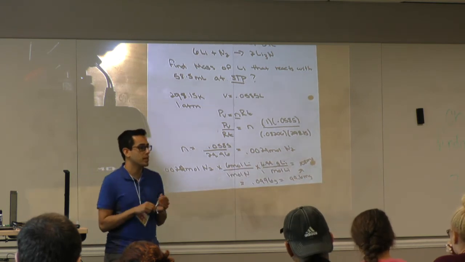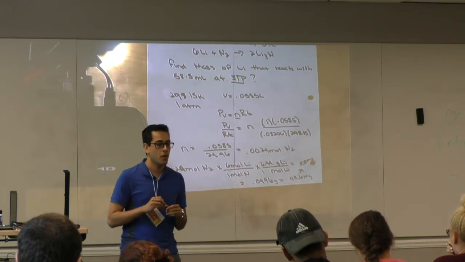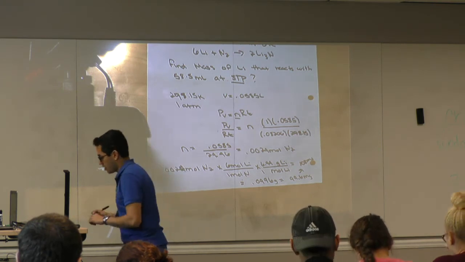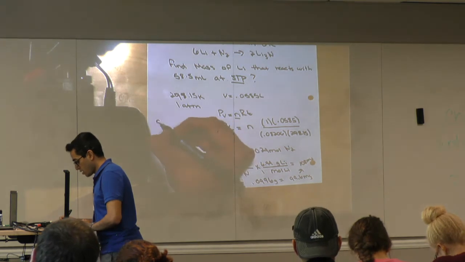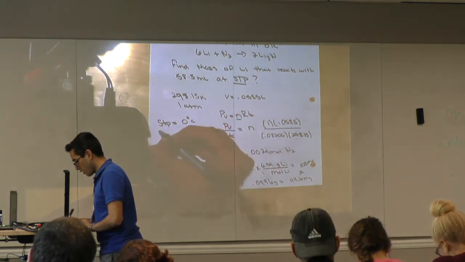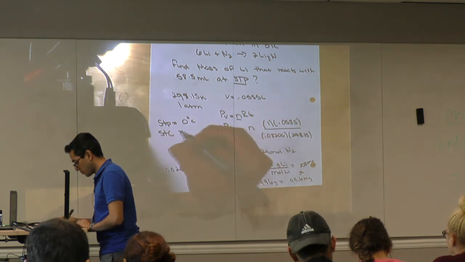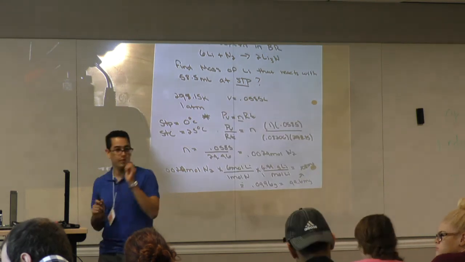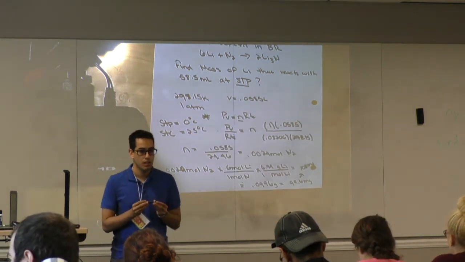So it's a difference. I would note it, so let me write that on the notes here. STP is 0 degrees Celsius. Standard conditions equals 25 degrees Celsius. Okay? So at least we clarified that.